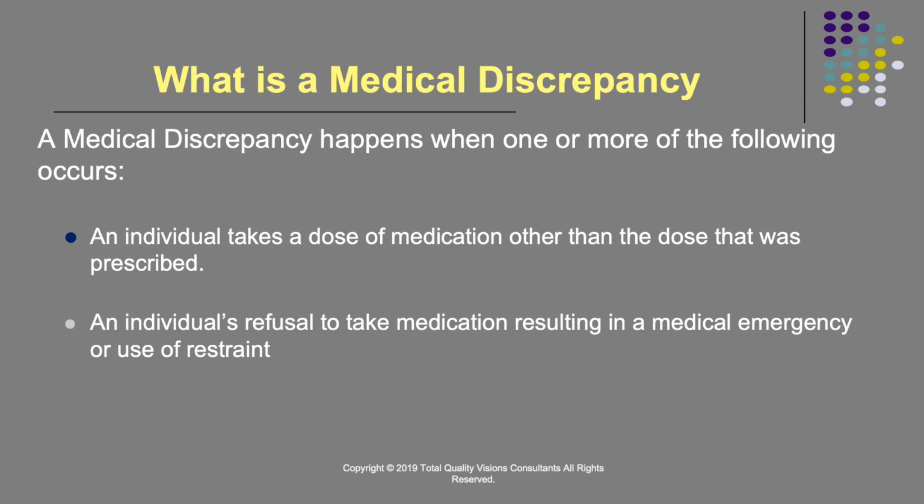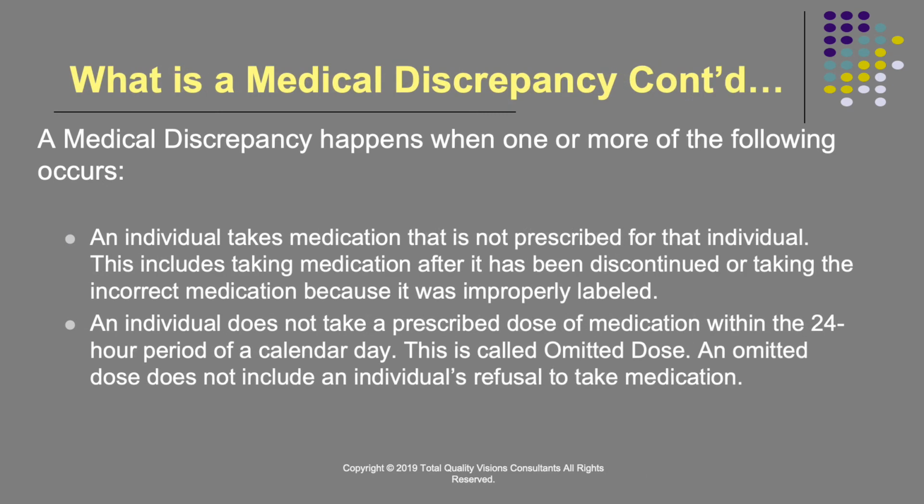An individual takes a dosage of medication other than the dosage that is prescribed. An individual refuses to take medication, resulting in a medical emergency or use of restraint. An individual takes medication that is not prescribed for them. Or an individual does not partake in a prescribed dose of medication within the 24-hour period of a calendar day.